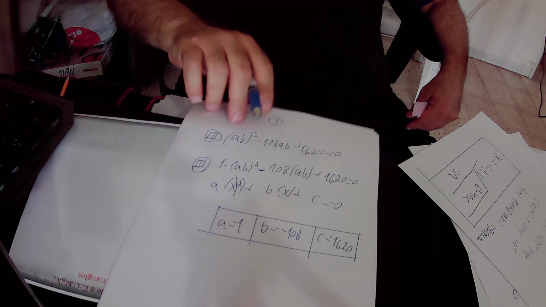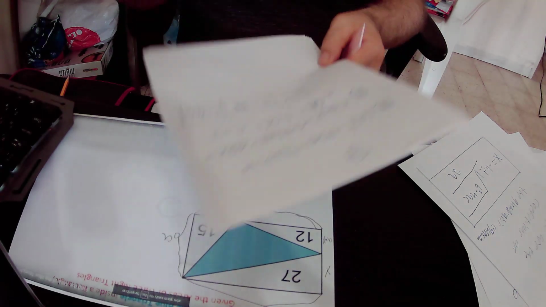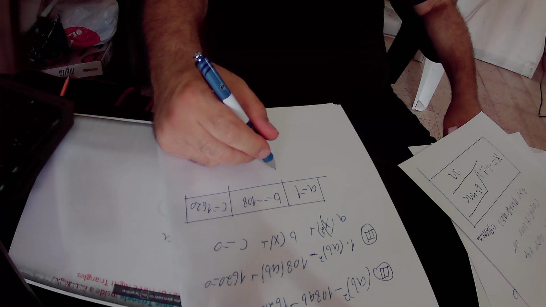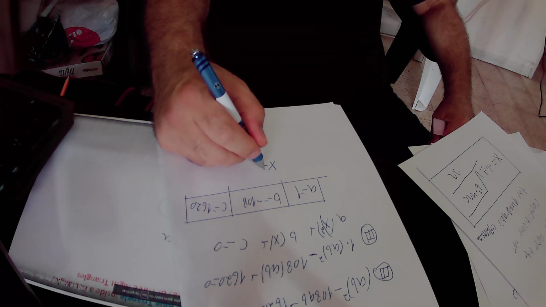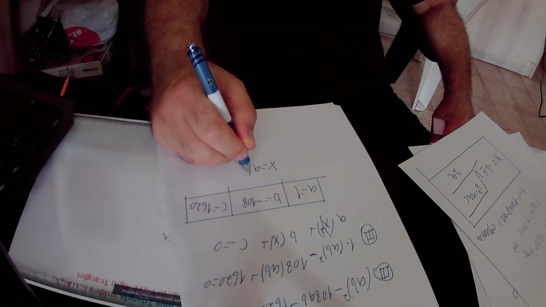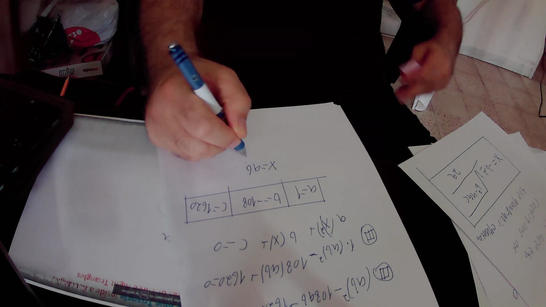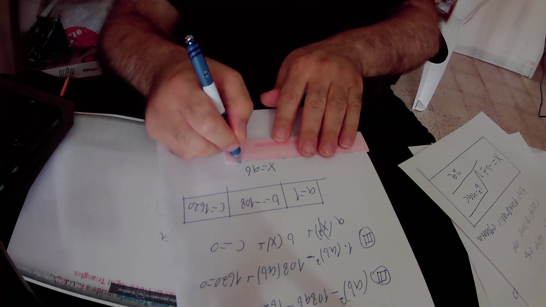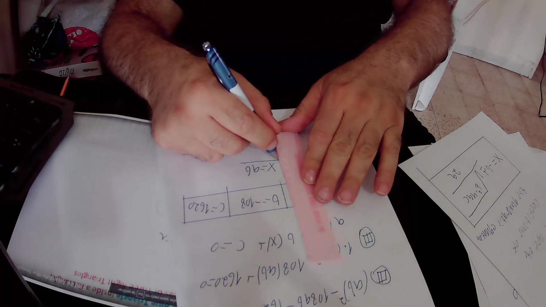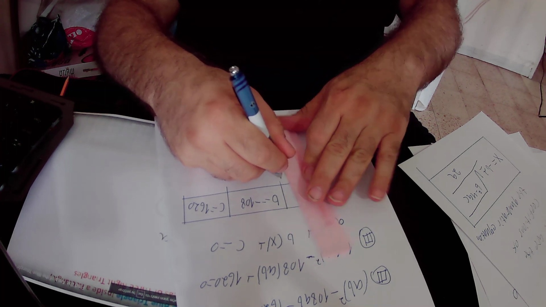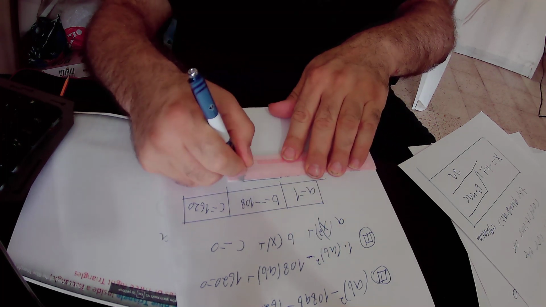Okay, so instead of x, we will write AB because we want to find the value of AB. And AB is also the area of the rectangle.